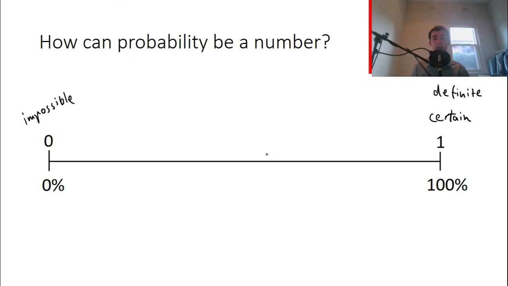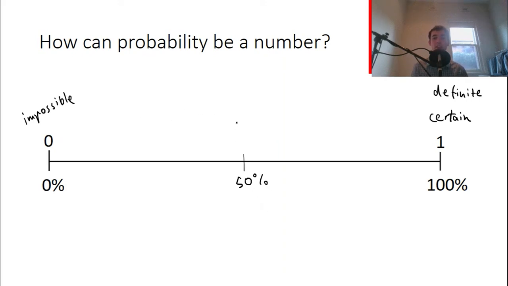Okay, now when we go towards the things in the middle, in order to understand this properly, ideally, you'd be really good at converting between percentages, decimals, and fractions. But because not everybody is really good at that, we'll break it down a little bit. So 50% is halfway in between.